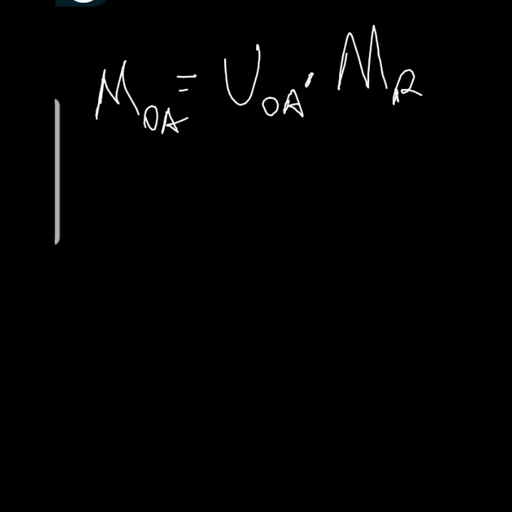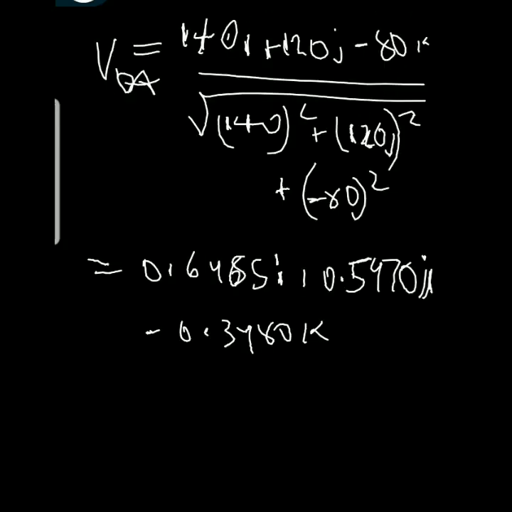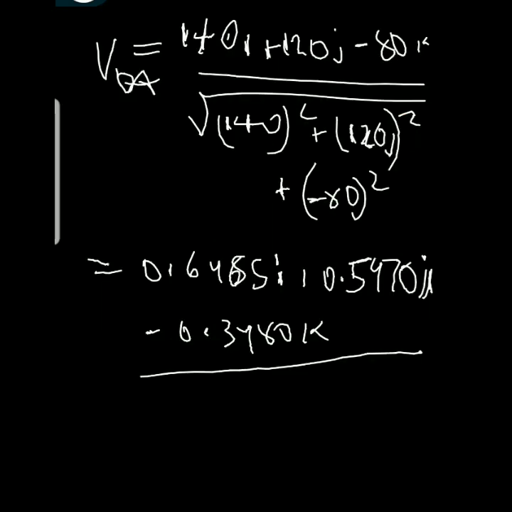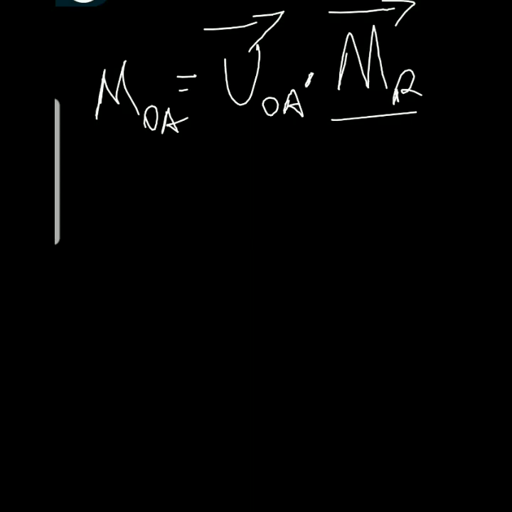Always remember that we have our MR and our unit vector OA in Cartesian vector form. When you apply the dot product, always remember that your answer is a scalar and not a vector.